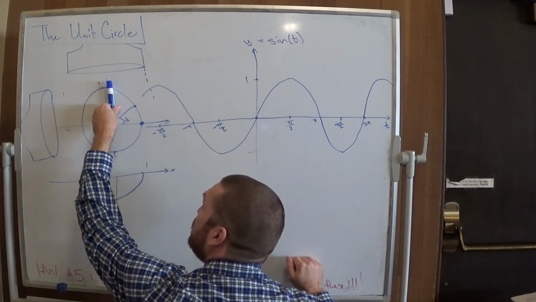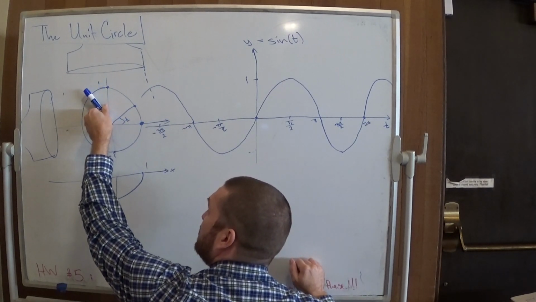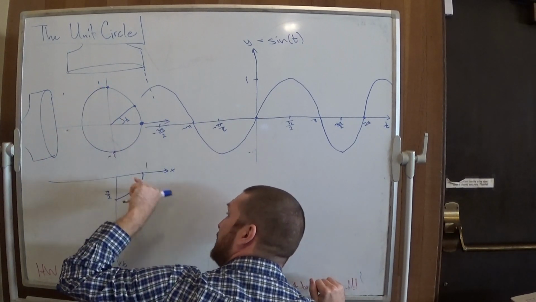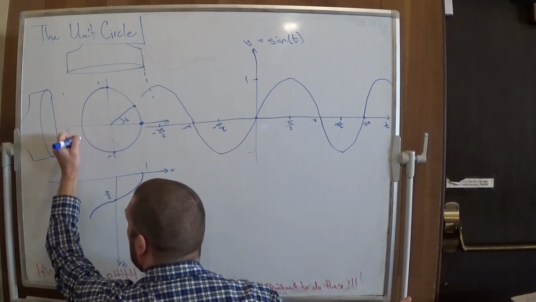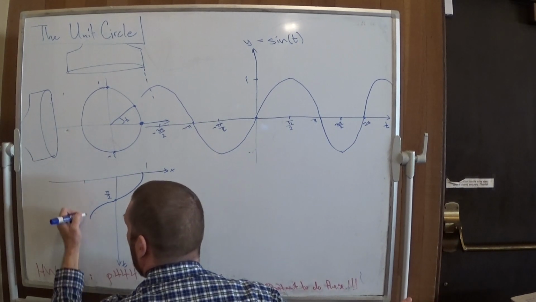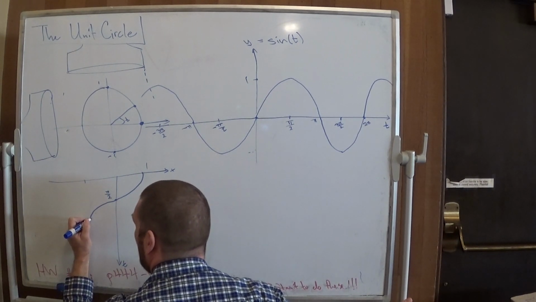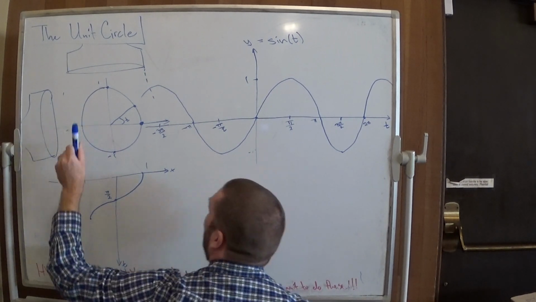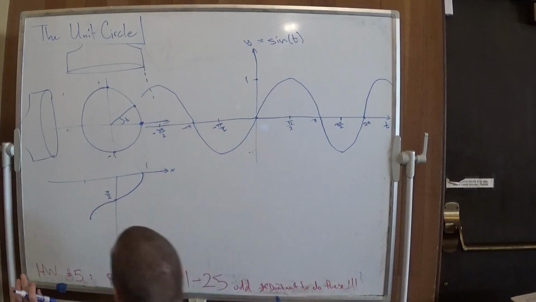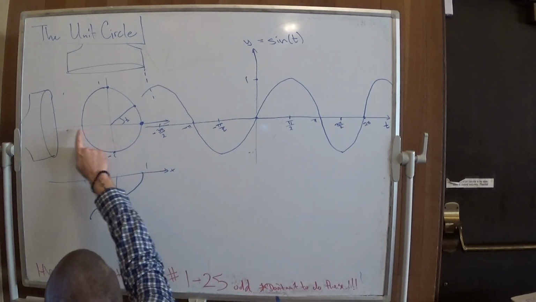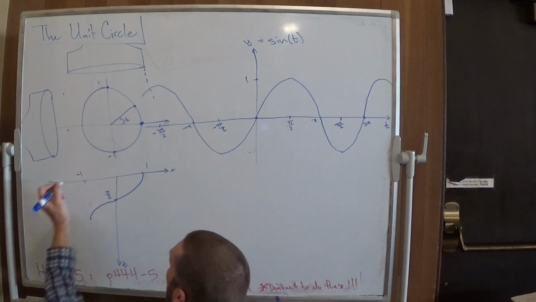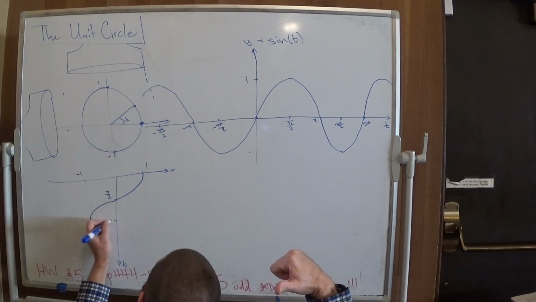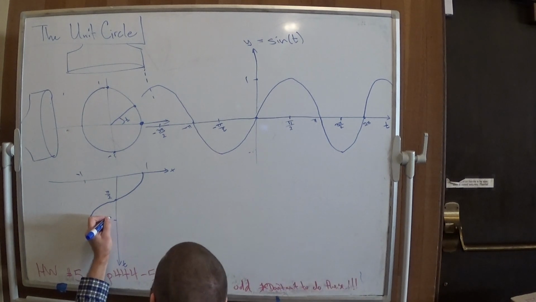Then it continues decreasing as we go beyond, and it keeps getting farther and farther down until it stops. What's the x value right there? This axis, that's -1 right there. And that happens after how many seconds? After pi seconds.